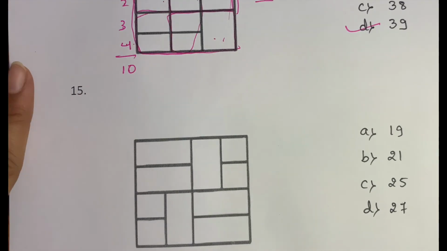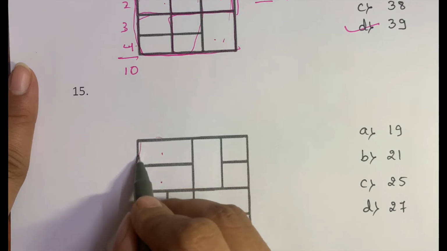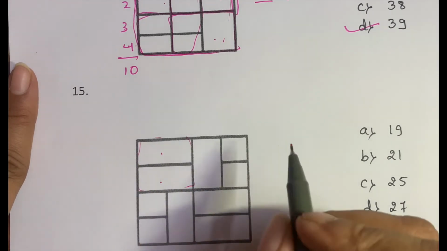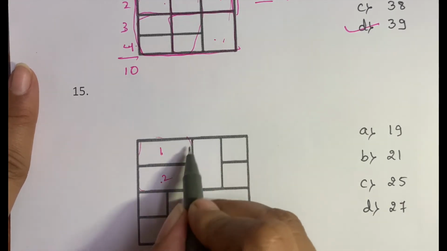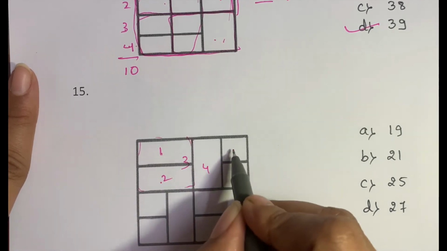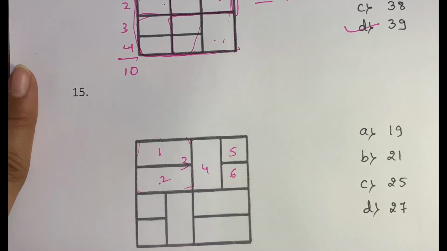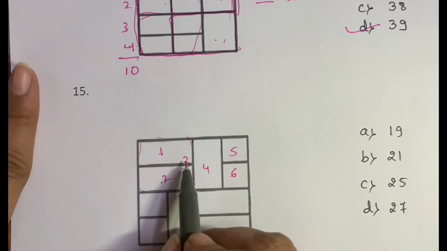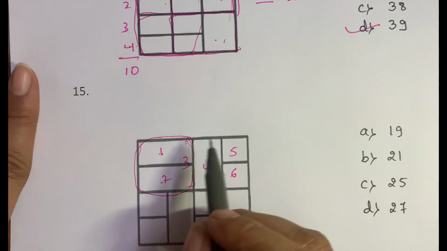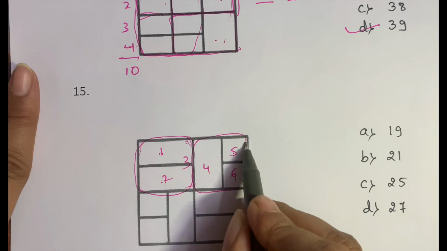So here, we'll again apply the same trick. 1, 2, and as a whole it is 3. See, 1, 2, as a whole it is 3, and then there is 1 here, 4, there is 1, 5, and then 6. After that, 1, 2, 3, only we have taken this as a whole. 3, this is 4, 5, 6, and this one whole, 7.